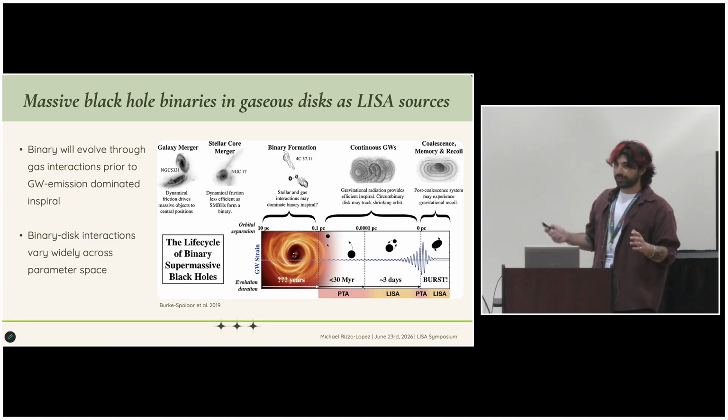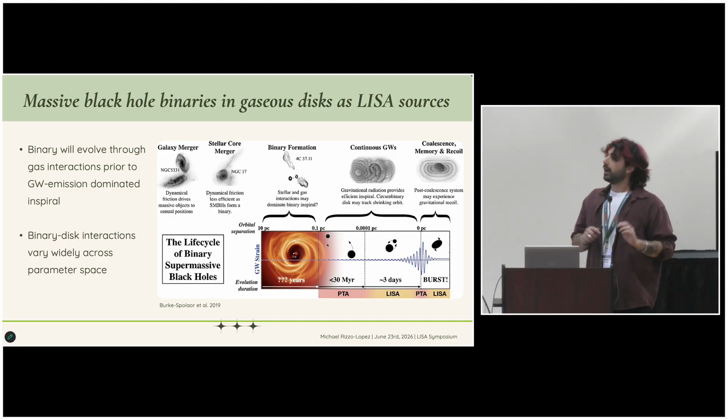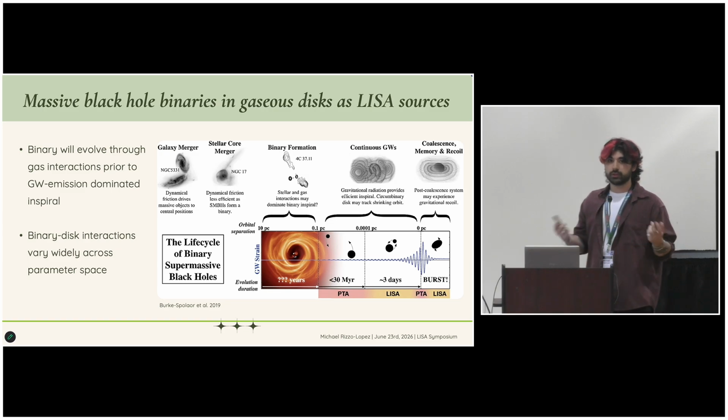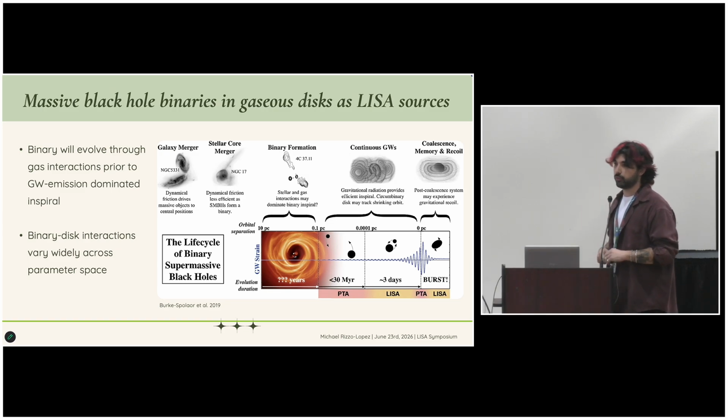As many people have been saying, I'm very excited to not have to convince everybody that massive black hole binaries are exciting LISA sources, but I will just very quickly talk about the binary evolution life cycle. When two large galaxies, each with their own massive black holes, merge, eventually through dynamical friction we will bring these black holes closer to the center of the post-merger remnant galaxy, in the mass range of galaxies that will host LISA sources.